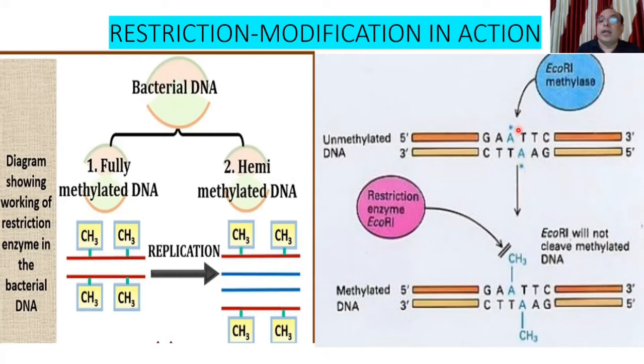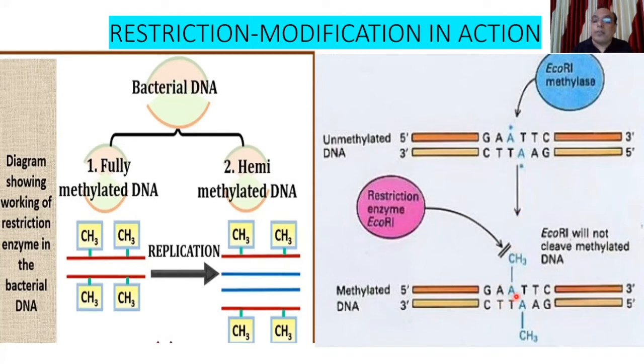As we have seen here, methylation of adenine is common. So adenine has been methylated in this case. And so due to methylation, this restriction enzyme is being fooled. It does not recognize this stretch of DNA, although it has the same nitrogen-base sequence, the palindromic sequence of EcoR1 that we encountered earlier.